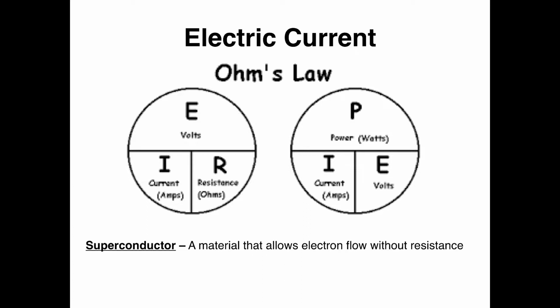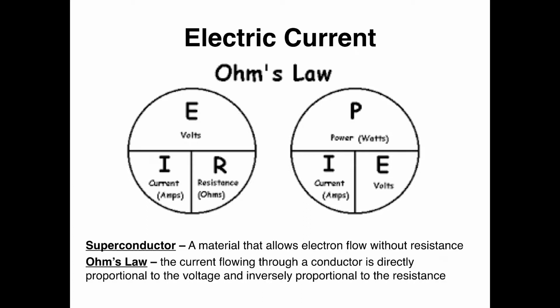The problem with developing a superconductor has been that they've only been developed at temperatures close to absolute zero, which are not practical in general situations. Ohm's law states that the current that flows through a conductor is directly proportional to the voltage and inversely proportional to the resistance. And it looks like this.